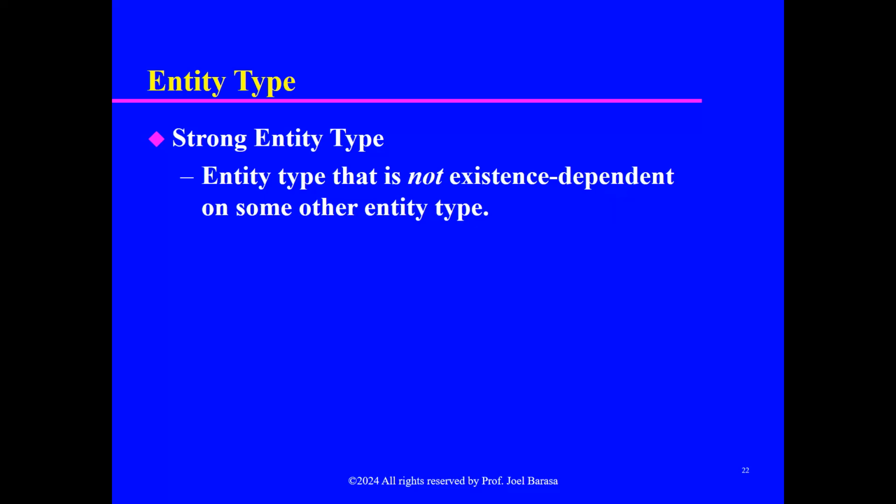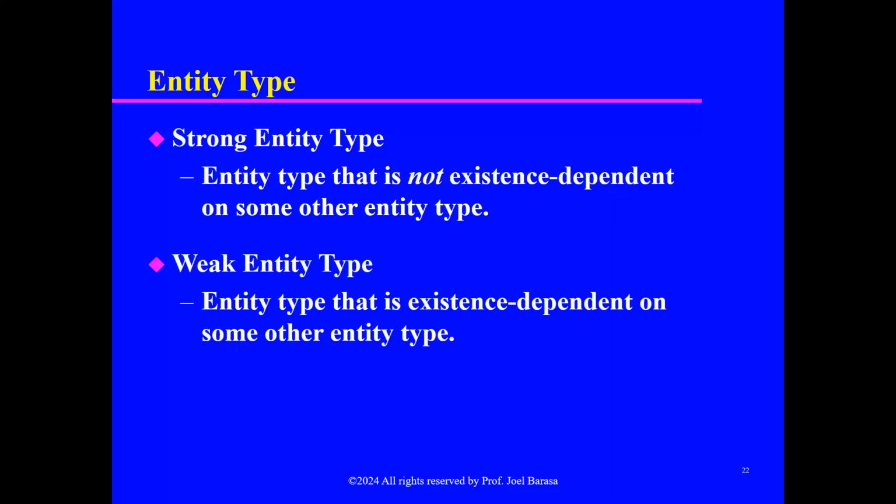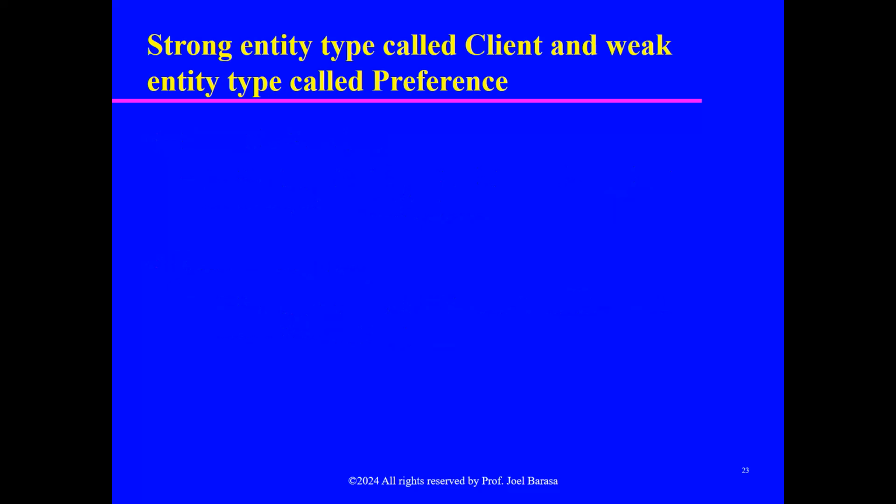We have a strong entity type, which does not depend on some other entity. We have a weak entity type, which is dependent on some other entity type. Strong entity type is called client, and weak entity type is called preference.